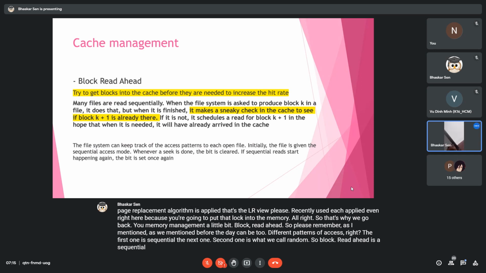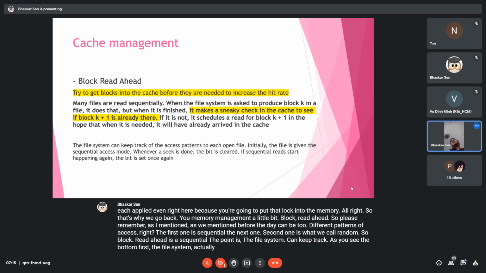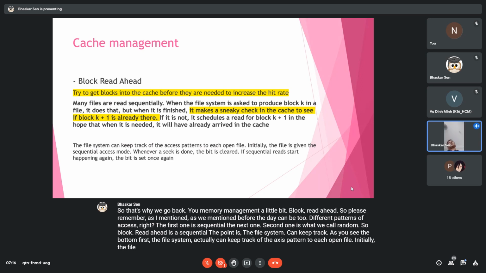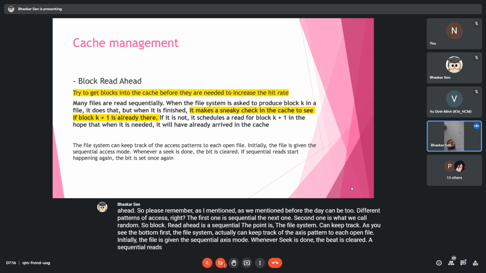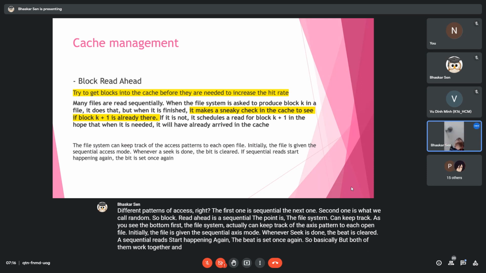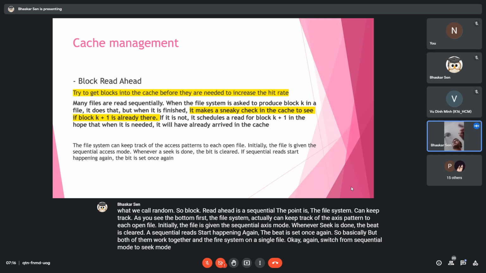The file system can keep track of the access pattern to each open file. Initially, the file is given the sequential access mode. Whenever a seek is done, the bit is cleared. When sequential reads start happening again, the bit is set once again. So basically, both of them work together, and the file system on a single file can switch from sequential mode to seek mode, to read mode to seek mode.